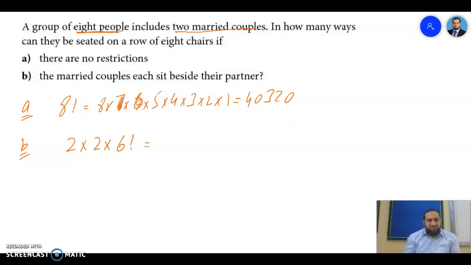So 6 factorial times 2 times 2. If we simplify this, it will be 2880, because we consider 6 objects other than the married couple, and in each of the 2 couples there are 2 people, so 2 times 2 times 6 factorial gives the answer 2880.